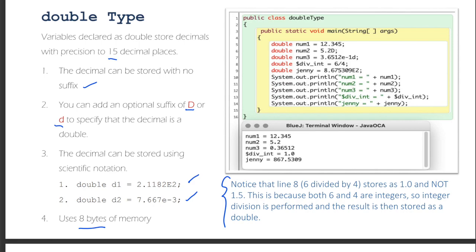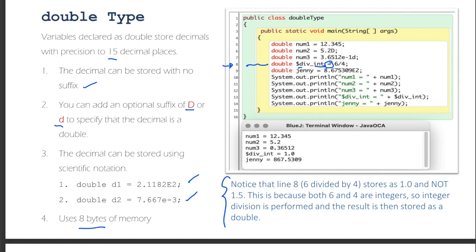It says, notice that line 8, so if we find line 8 over here and we follow it through, we have a variable that starts with a currency symbol and has an underscore. That's okay, that is a legally defined variable. It's dividing integers 6 and 4. Because it's doing integer division, 6 divided by 4 is 1, and then the equal sign is a right to left operator.